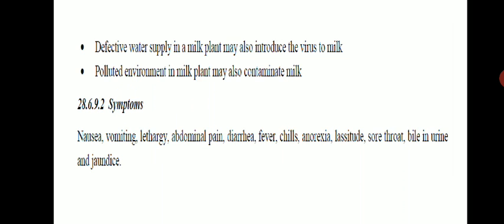You frequently see in all this prevention and control that infected persons, not only in case of these diseases but other cases also, should avoid all the processes of milking and milk related processing. Then fecal contamination of water should be avoided, and adequate heat treatment of milk is likely to inactivate the viruses. So all these are prevention and control measures that are usually used for controlling viral diseases regarding milk.